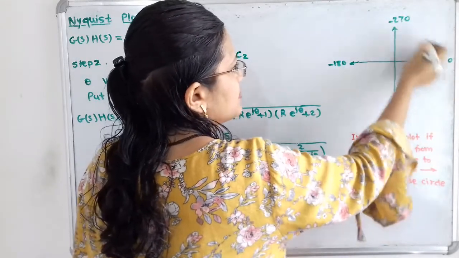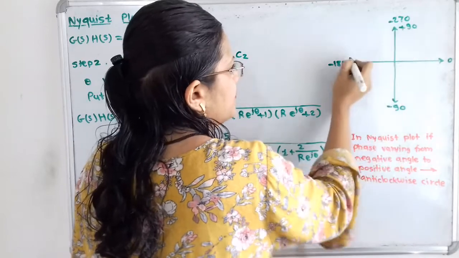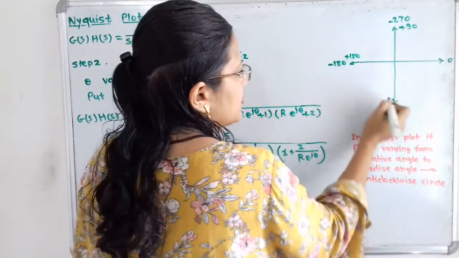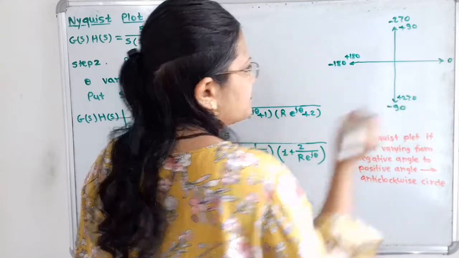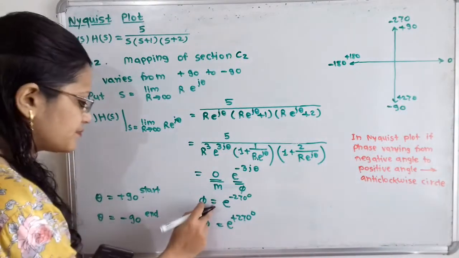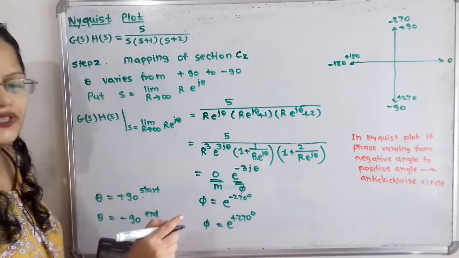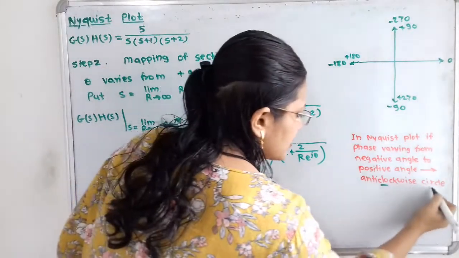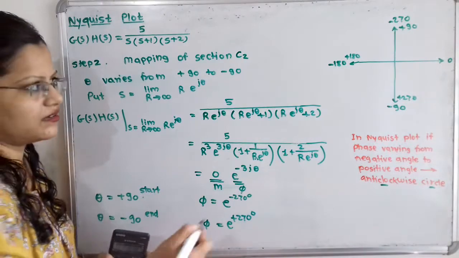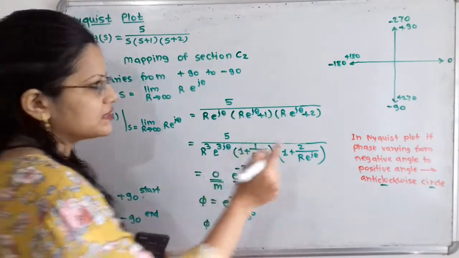In the same way 0, plus 90, plus 180, plus 270. Here it starts from minus 270 and we have to show direction, the anti-clockwise circle, that means in this direction.